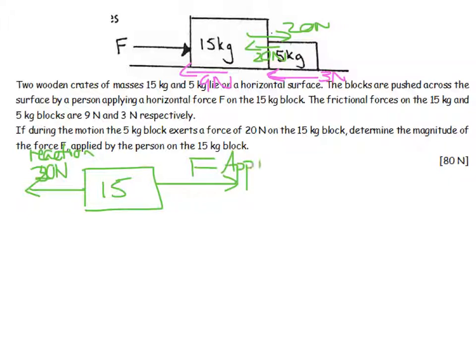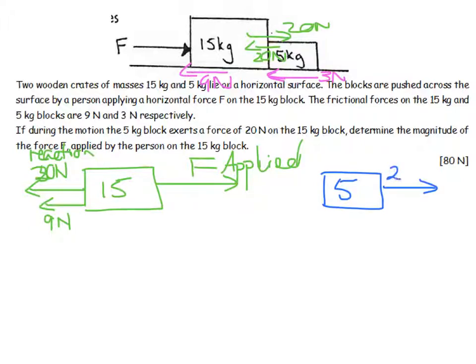They haven't asked me to draw the diagrams, but that's what they are. I also have working against the motion a 9 newton force of friction. If I take just the 5 kilogram block, I have pushing it towards the right 20 newtons, which is the action force of the 15 kilogram onto the 5 kilogram. And working against it is a frictional force of 3 newtons.